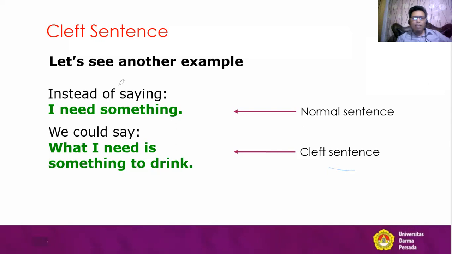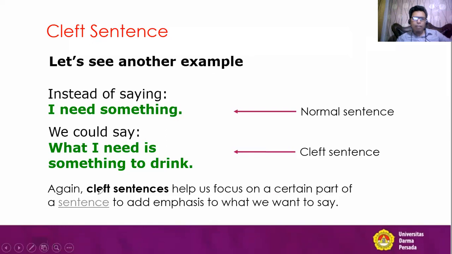So again, do they have the same meaning? Yes, because we are talking about I, about need, about something. But in this one, you can find something to drink is the emphasis. Okay. Let's continue.